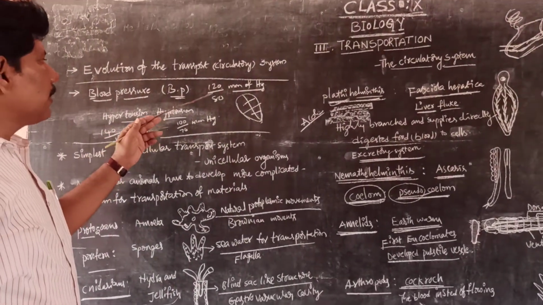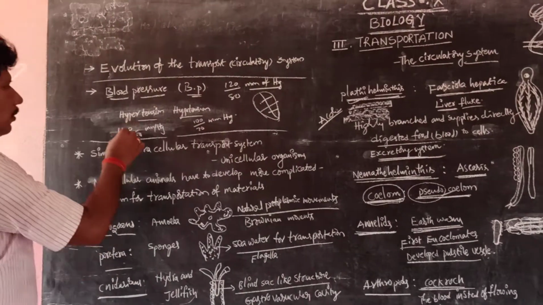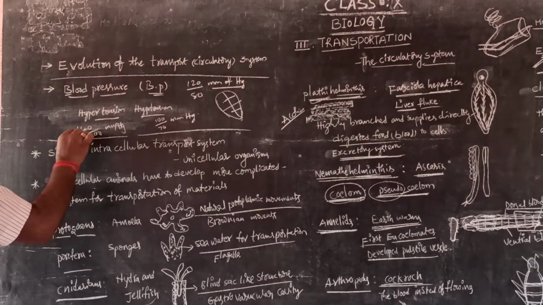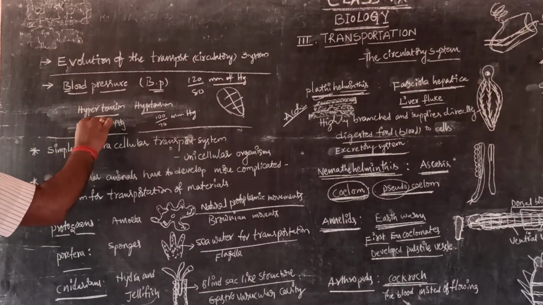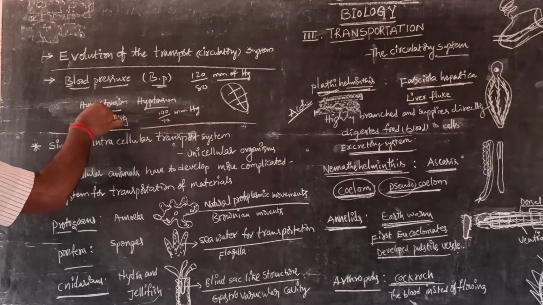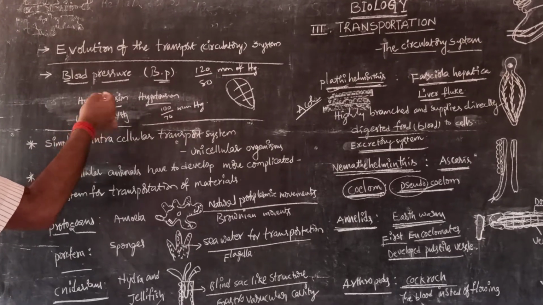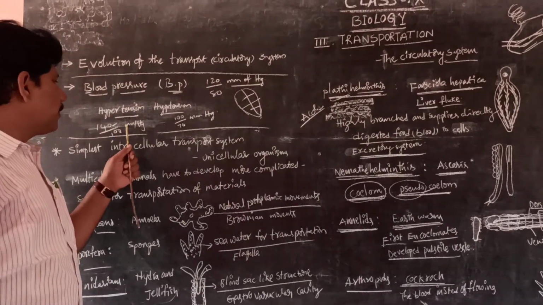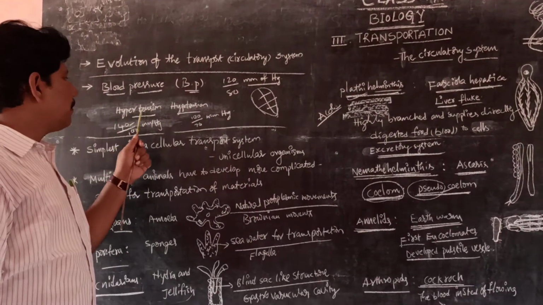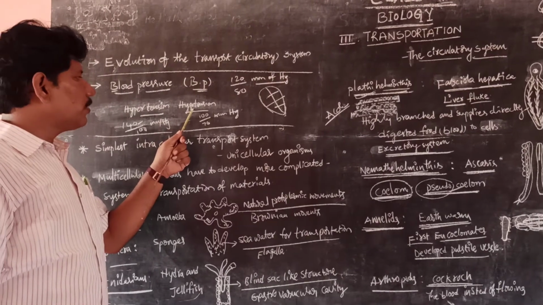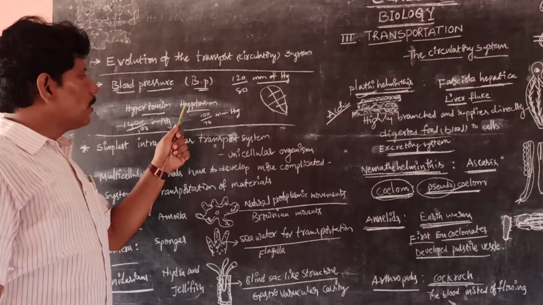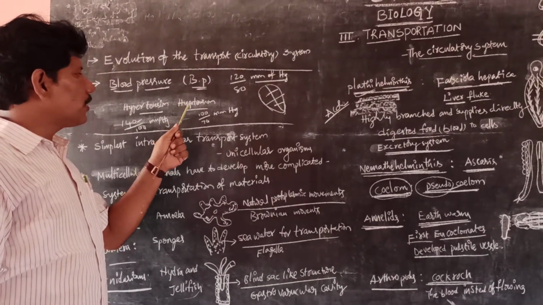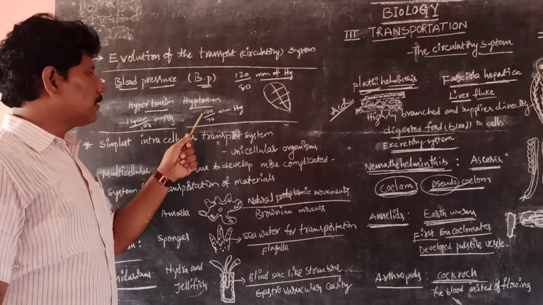If it increases above 120, for example 140, 150, or 130 by 100, this is called high BP. High BP means hypertension. The other situation is low BP, also called hypotension.